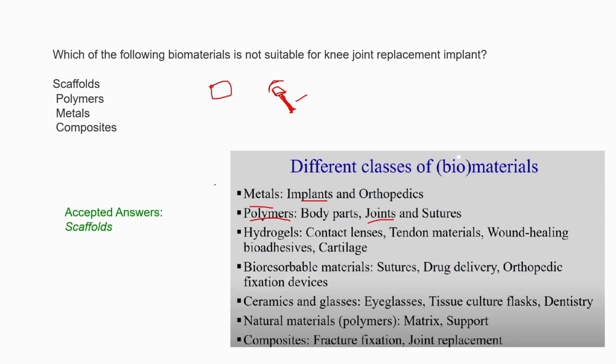That's why metal implants are mostly selected. These metal implants are also associated with some polymers or composites to get lubricating surfaces for smooth movement of the joint. But scaffolds themselves are structures that don't have high enough strength to withstand the force of the entire body. That's why they cannot be used for knee joint replacement.